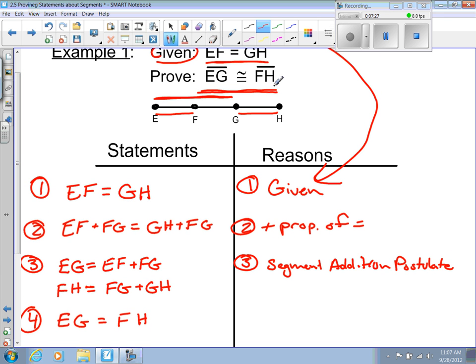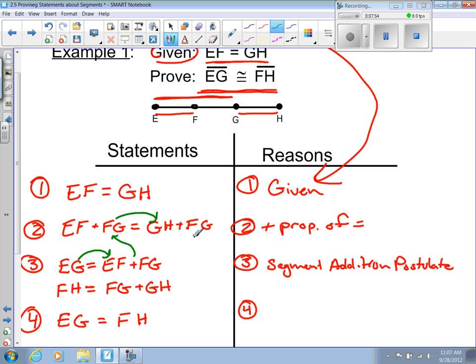EG congruent to FH. Well, right now I can say they're equal to each other. And that is because, let me get another color out here, this is kind of like that proof from yesterday. EG is equal to EF plus FG. EF plus FG is equal to GH.